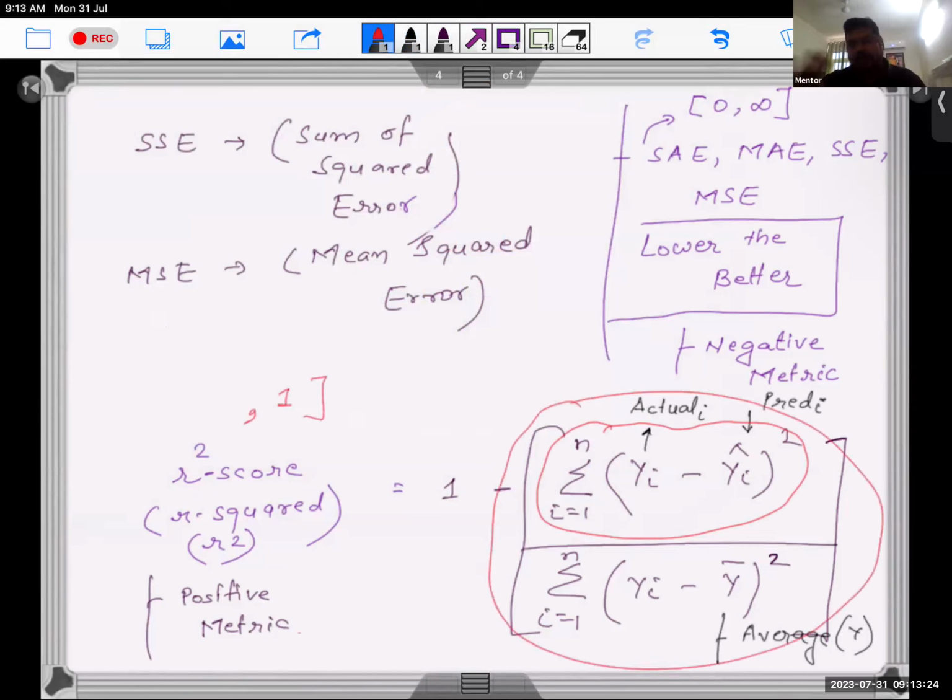Let's put this transformed data with the columns. So this is your data frame right now.